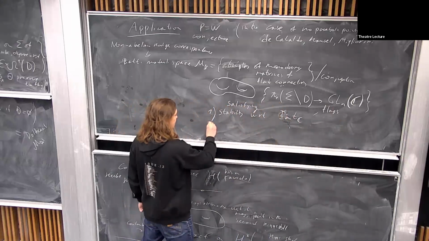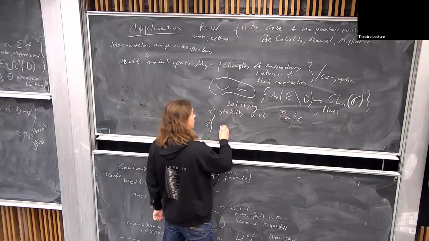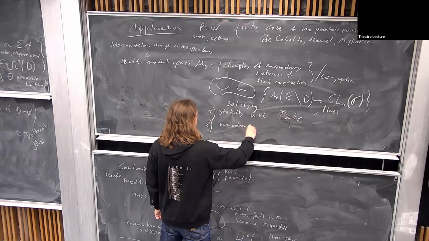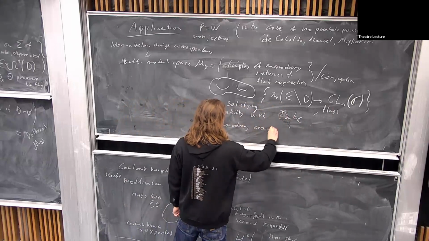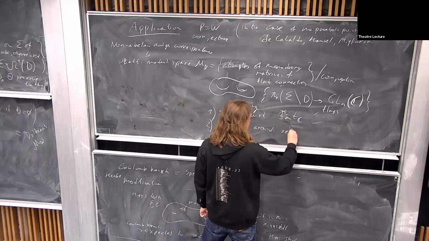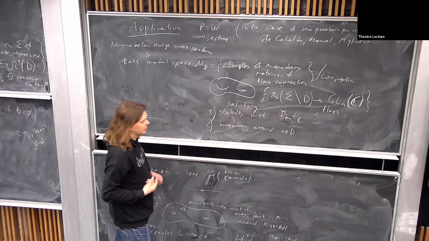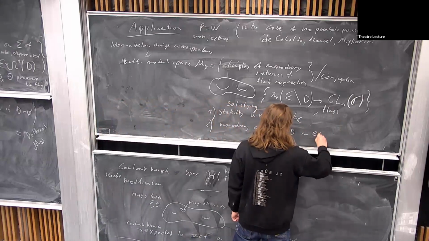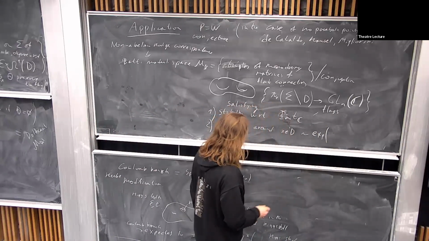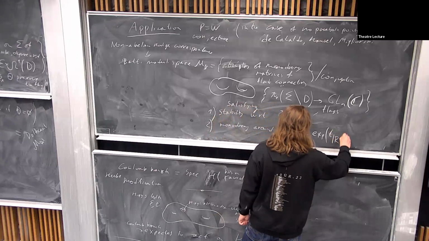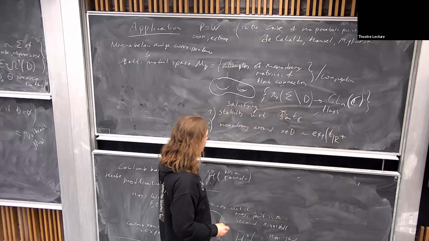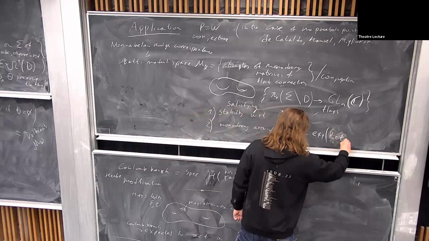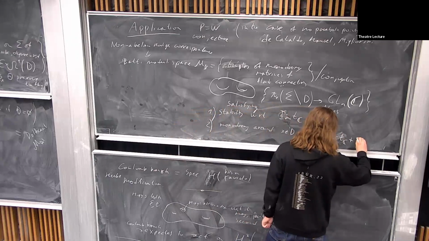Stability with respect to this, and then the requirement that the monodromy around a point x in D, you fix a local monodromy. It's supposed to be conjugate to the matrix exponential of the real part of C plus 2 pi.